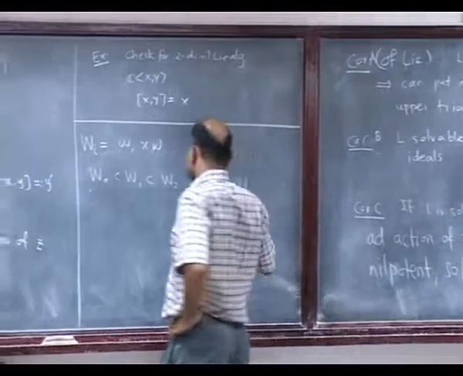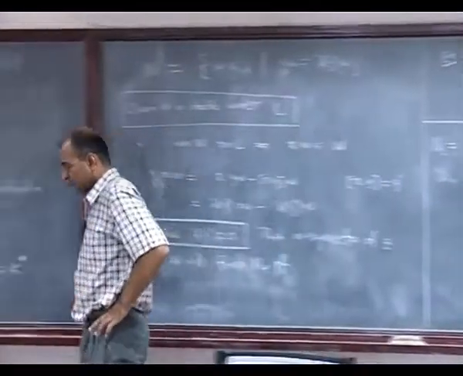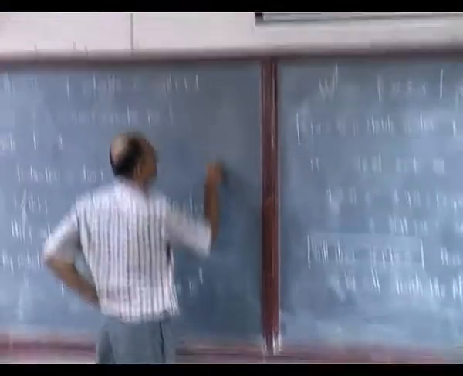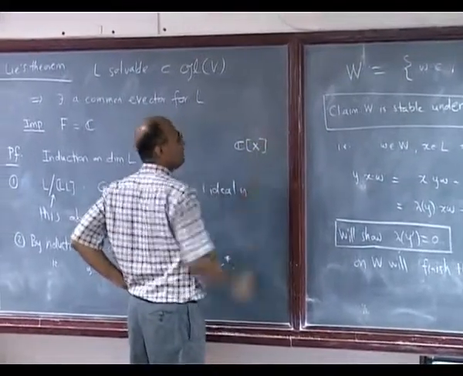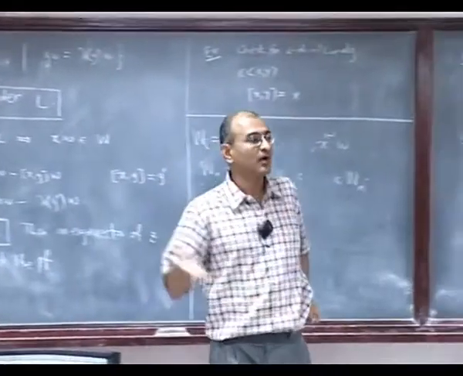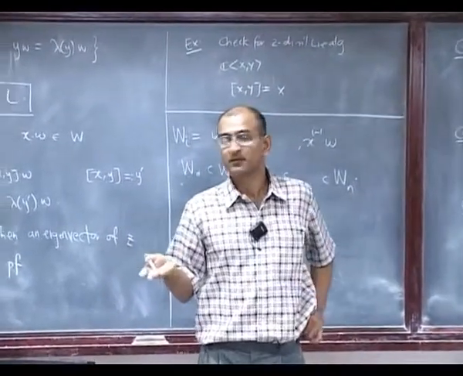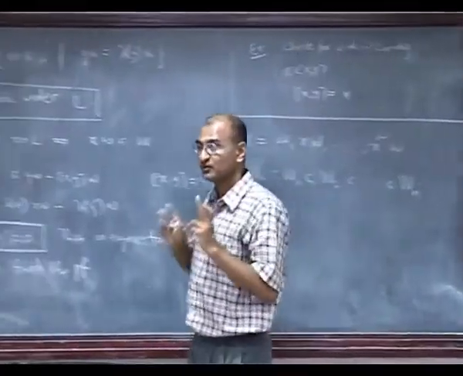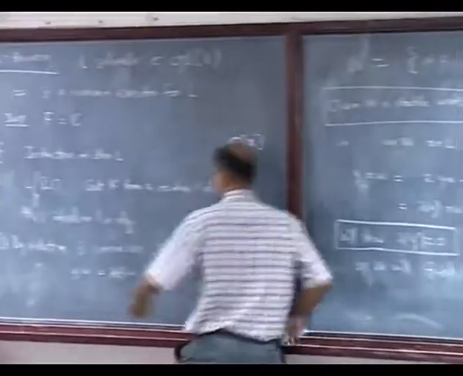So if you look at this space W sub n as a representation of the polynomial ring C[x], what is it? It is C[x] modulo a polynomial of degree n, right? So this is the space in which I am going to do linear algebra.